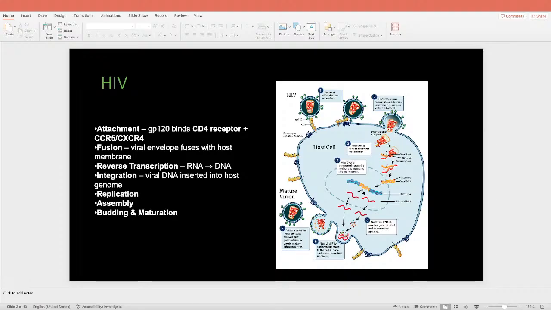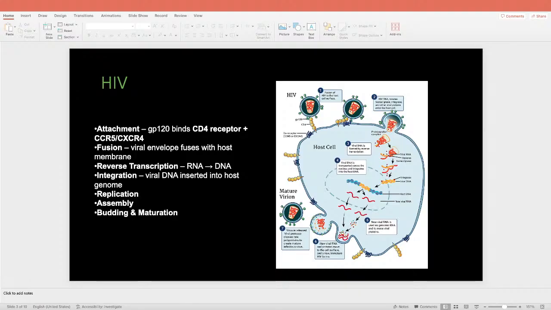I wouldn't worry too much about the infection as much as how to treat it. I would understand how to treat each and every part of this infection.